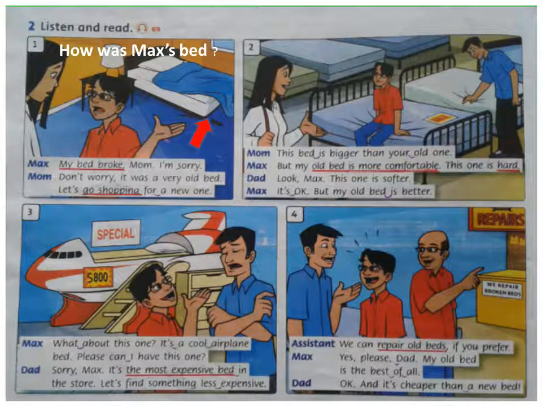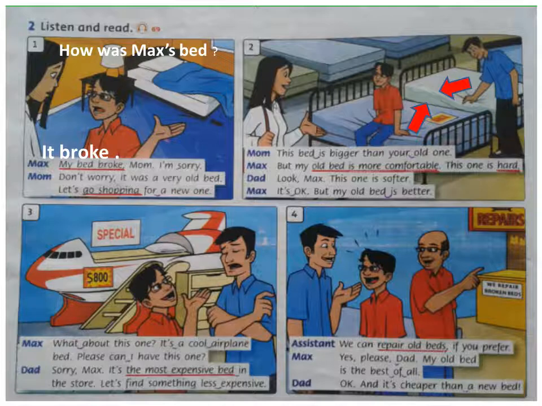To answer the question, you must combine the red arrow and the words underlined in red. You can find out the answer to the question. So your answer is, it broke. Good. Now move on to picture number 2.